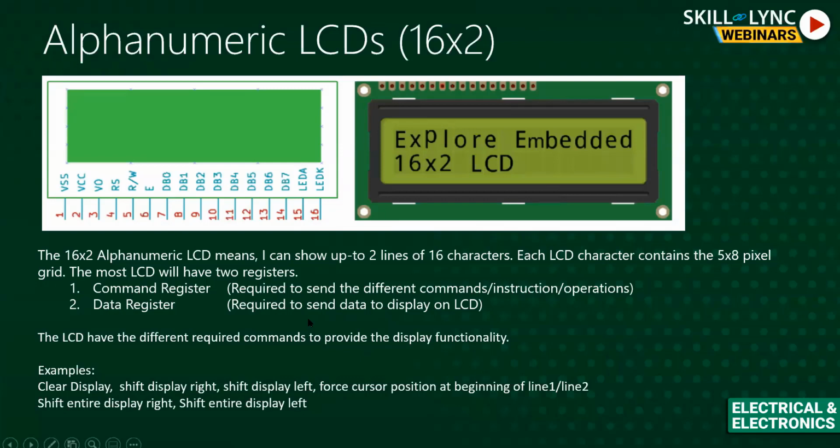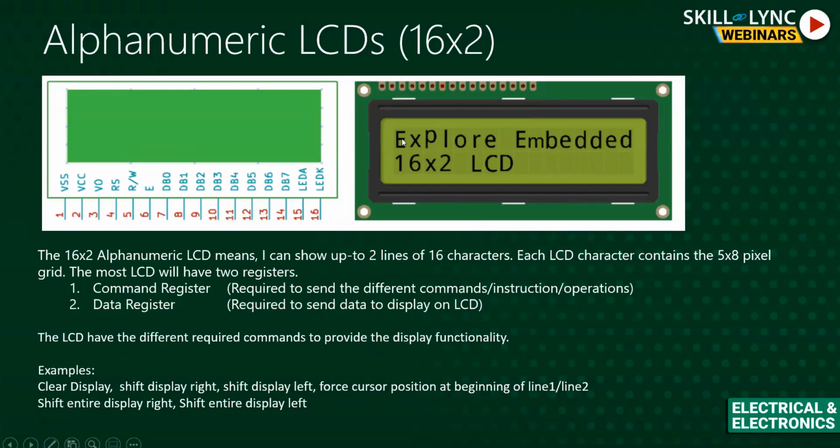Now what are the different kinds of commands we have in LCD? That I will also show you. Just as an example, I have mentioned over here: clear display, shift display right, shift display left, focus cursor. Generally, let's say I want to print the values on line 1.